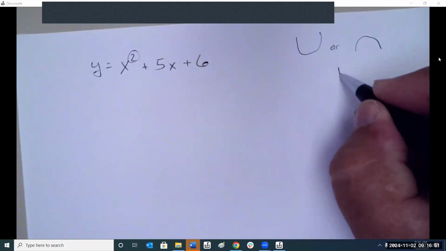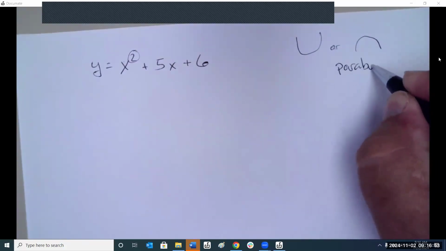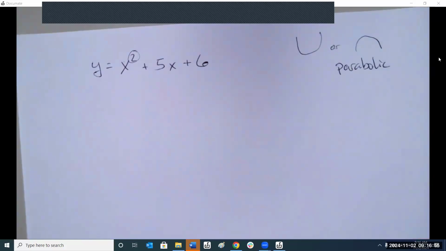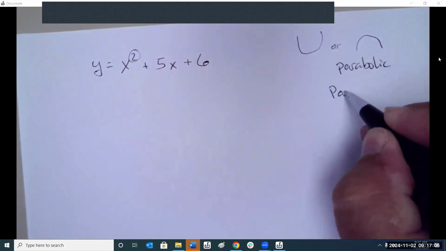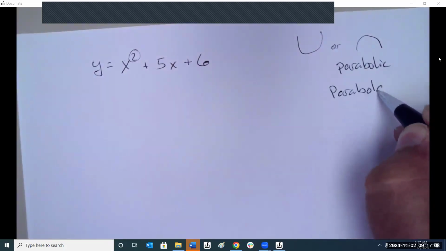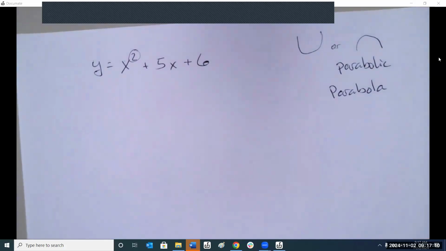Can you say parabolic? How do you say? Yeah, it's parabolic in shape. It's a parabola. Parabolic, the shape is parabolic. It sounds weird.